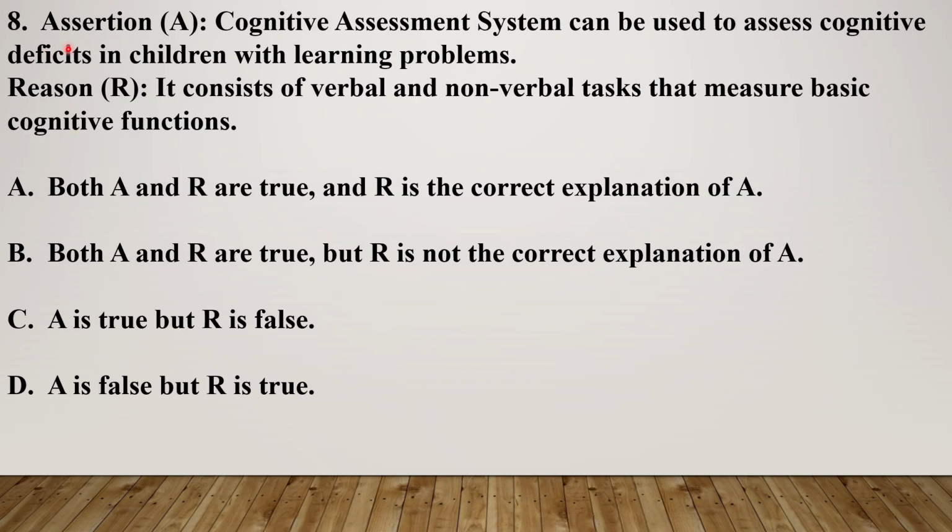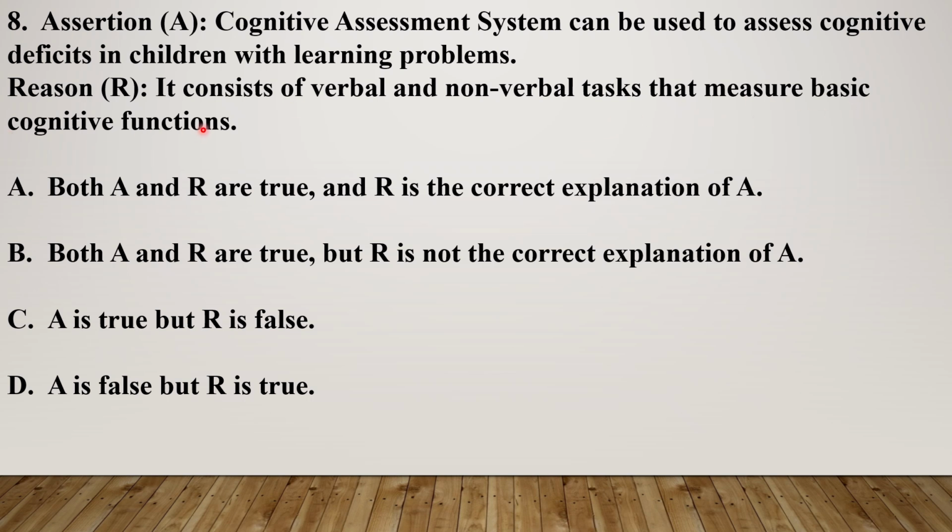Question number 8. Assertion: the Cognitive Assessment System, CAS, can be used to assess cognitive deficits in children with learning problems. CAS assesses the cognitive deficits, so the statement is true. The reason: it consists of verbal and non-verbal tasks that measure basic cognitive function.